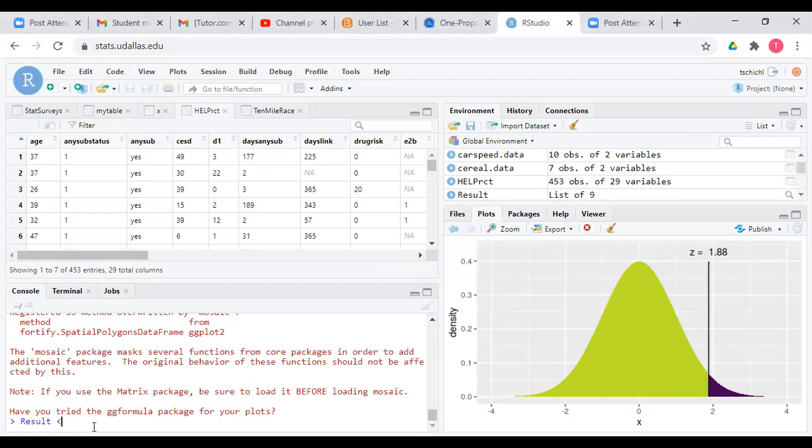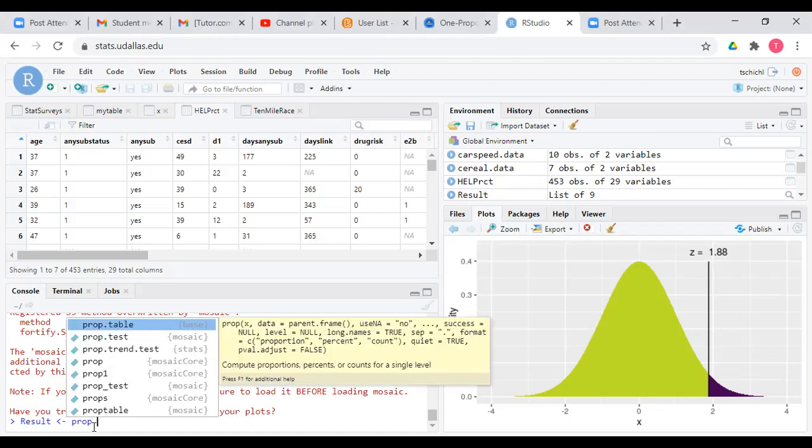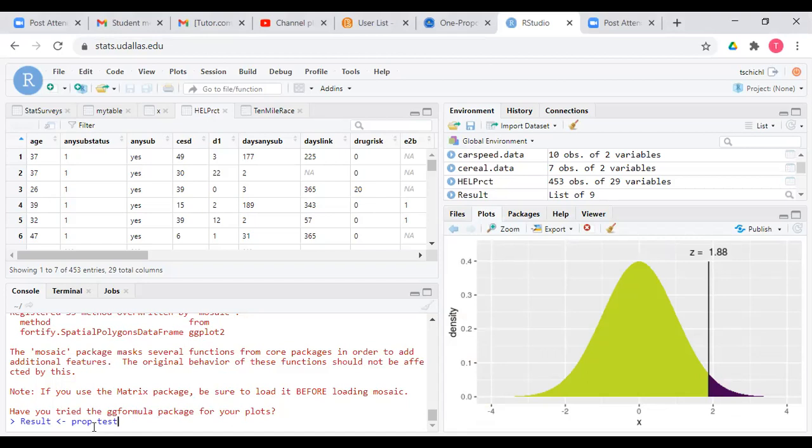So you put it like that, and then you do prop.test. It's very similar to the one in the calculator. You say x = 10 and n = 350 and p, remember this is your p0, so p0 is 0.05 here, right?